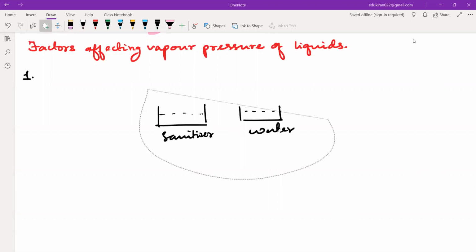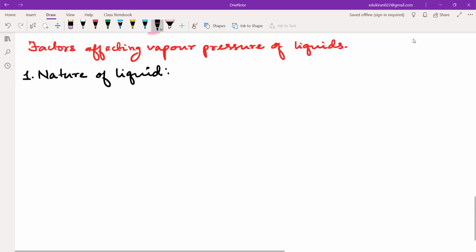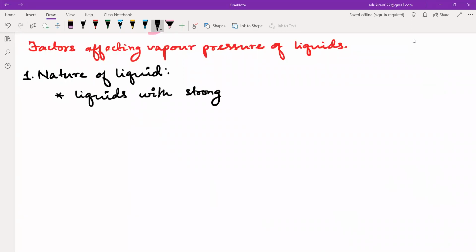So the nature of liquid is the first thing. Nature of liquid means what liquid we are comparing here. In nature of liquid, we can say that liquids with strong IMF.